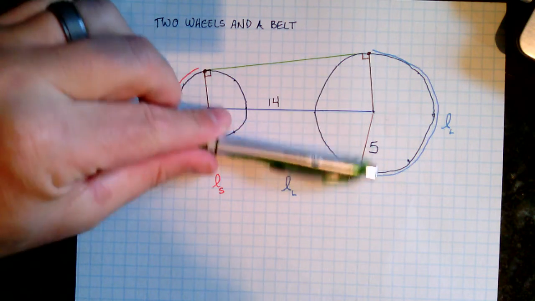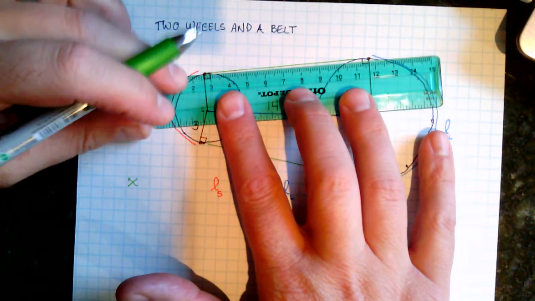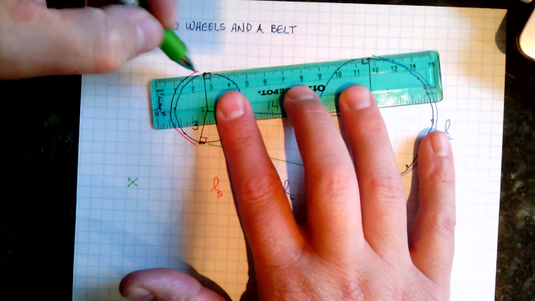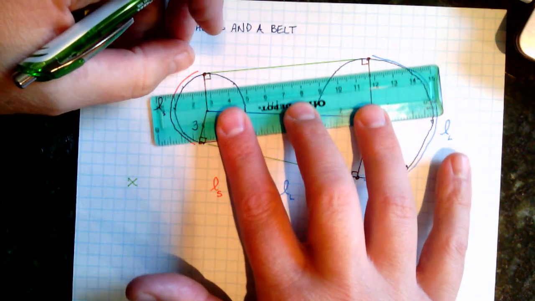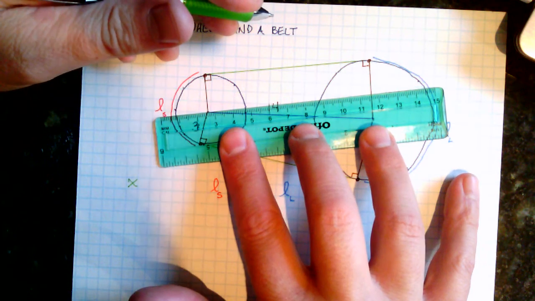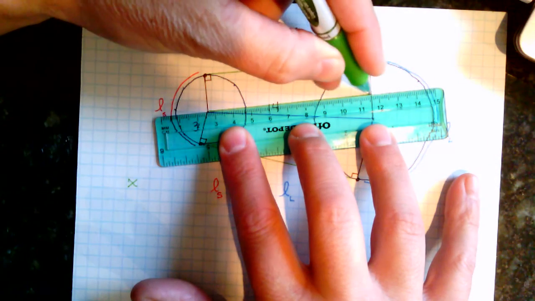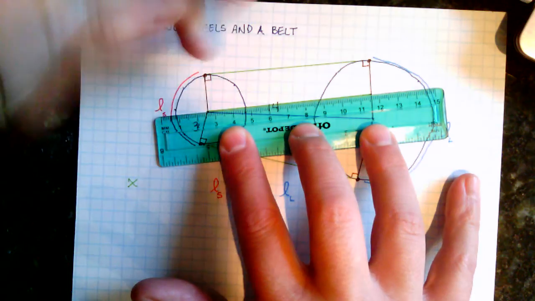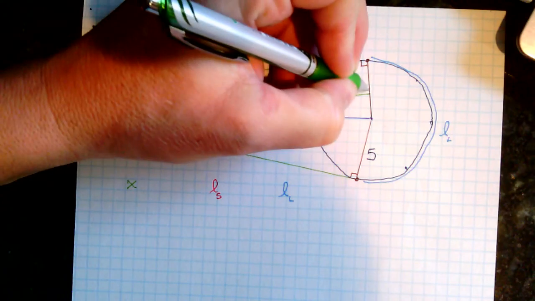If that's 90 degrees, all I'm going to do is sketch a line that is parallel to that tangent line and goes to the center of the small circle. It looks roughly something like this. If those are parallel, that means this is 90 degrees and so is this.